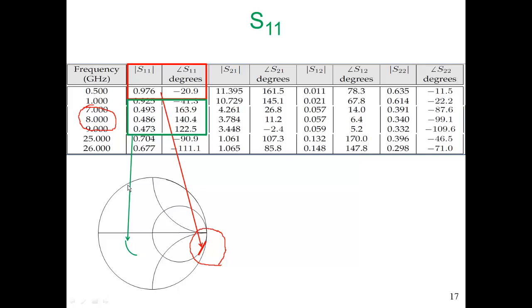And the angle is getting close to 180 degrees, so we're in this region here. So at those frequencies, around about 7, 8, 9 gigahertz, the input of our transistor looks mostly like a resistance. The manufacturer has specifically designed the transistor to be close to being a resistor at those frequencies, at those sweet spot frequencies.